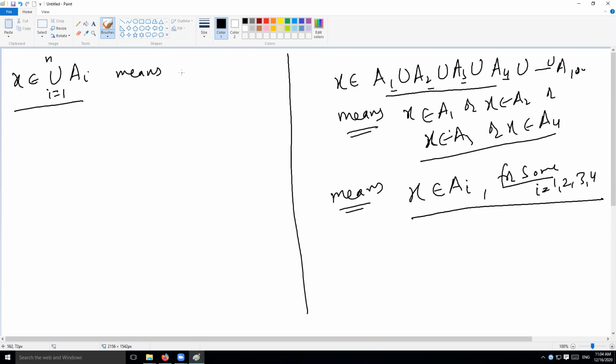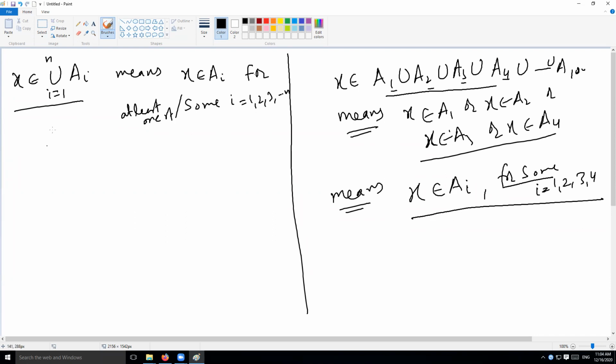I'm going to say that x is in some A_i, for some, या कहें for at least one, i equal to 1, 2, 3 and up to n. अच्छा तरीका होगा? यानी किसी न किसी A_i में x होगा.